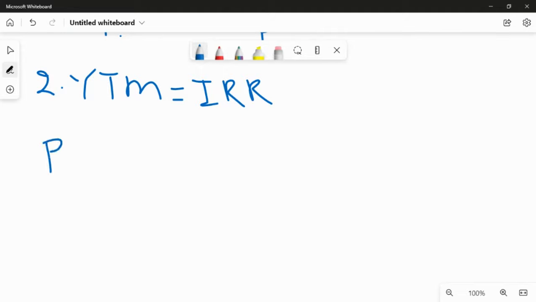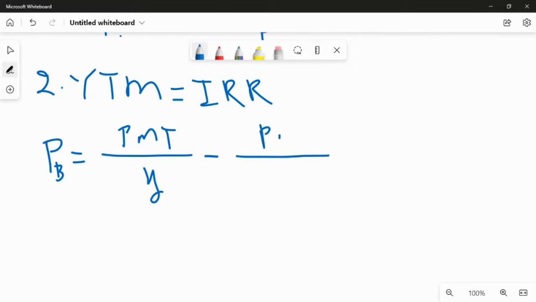When the bond price is given, the unknown in this formula is y, the discount rate.